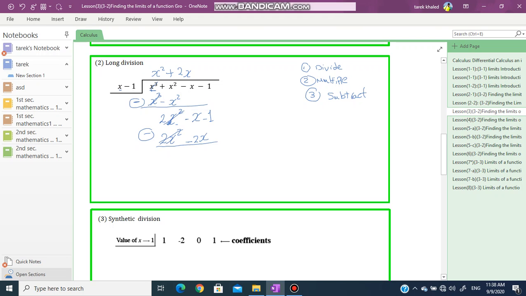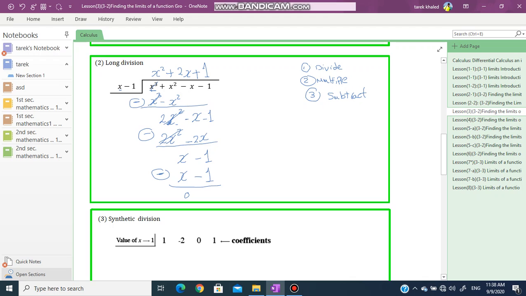Negative x minus negative 2x will be positive x minus 1. x divided by x equals positive 1. 1 multiplied by x will be x, 1 multiplied by negative 1 will be negative 1. Subtract: x minus x equals 0, negative 1 minus negative 1 will be 0.